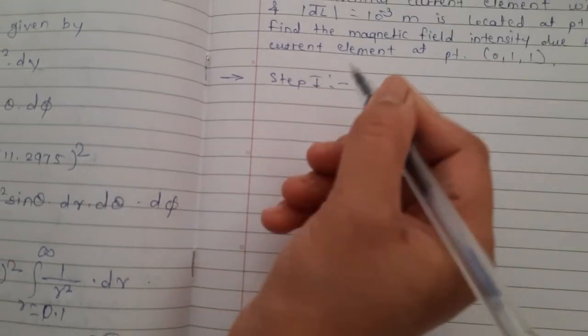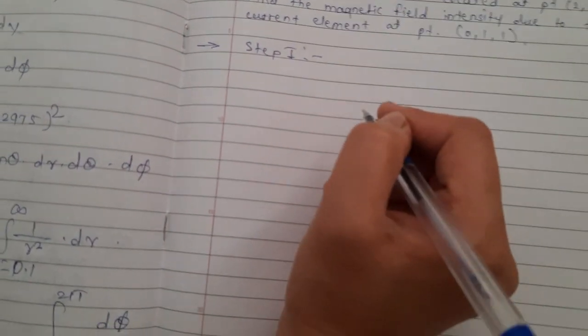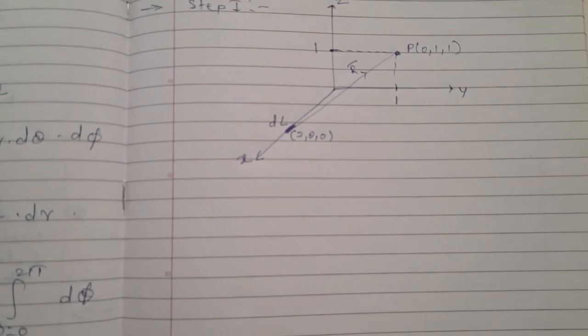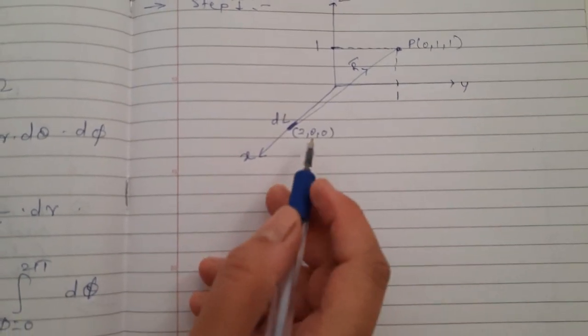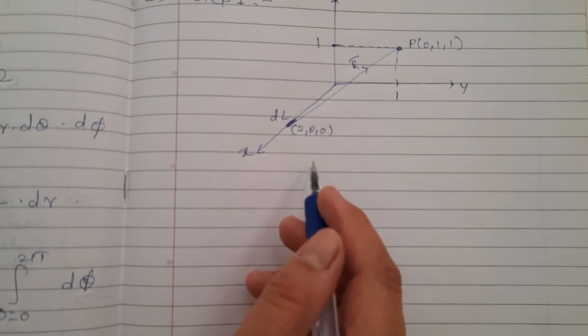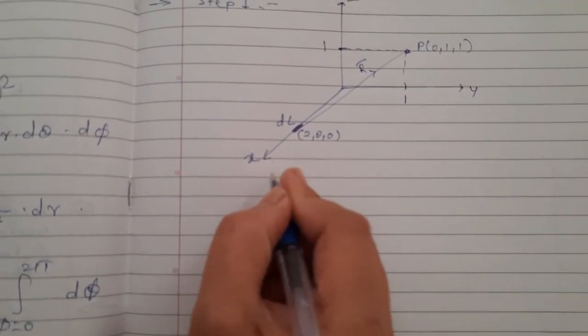Step 1 is the given points are located as shown in figure. So first we draw the diagram. As shown in the figure, the point (2, 0, 0) is located on x-axis. Now the differential current element is located at this point, so the direction of dL bar is along the x-axis. Now what is given?